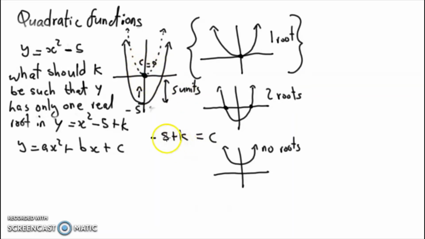So what you can do is say negative 5 plus k is equal to c, but then c has to be 0, so negative 5 plus k is going to be equal to 0, and then you can now solve for k. Negative 5 comes to this side, it becomes positive, so therefore k has to be equal to 5 such that this function has only one real root.